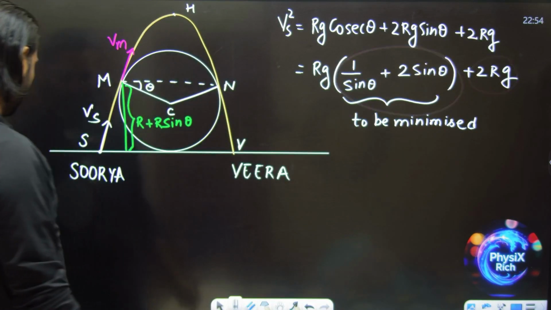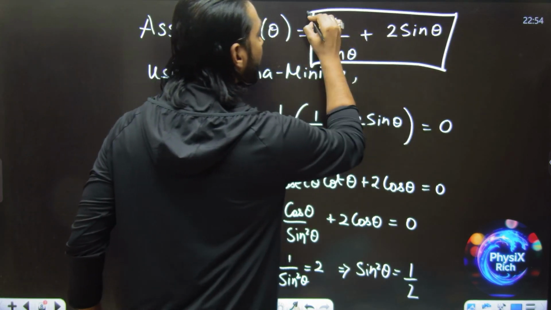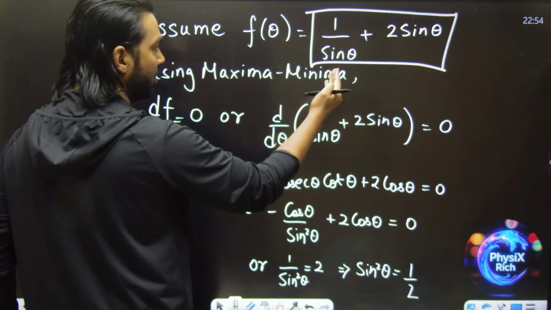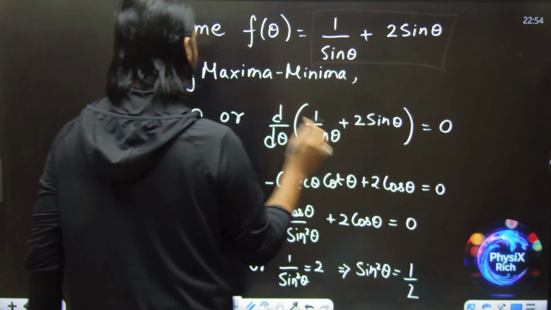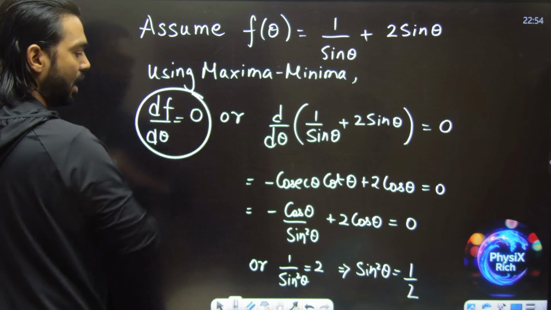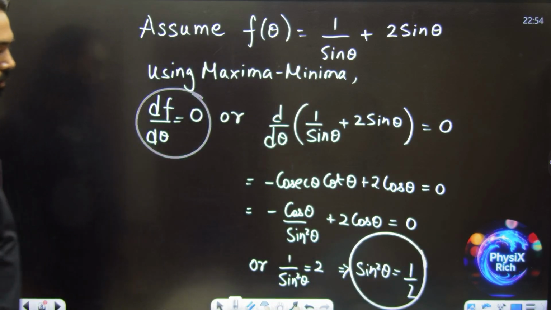So I have assumed a function of theta which appears to be a sum of two different terms, 1 upon sine theta and 2 sine theta. And if I do a little bit of calculus, if I differentiate it and put it equal to 0, I will simply get sine square theta equals 1 upon 2.